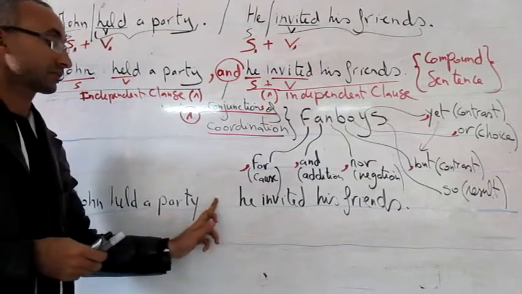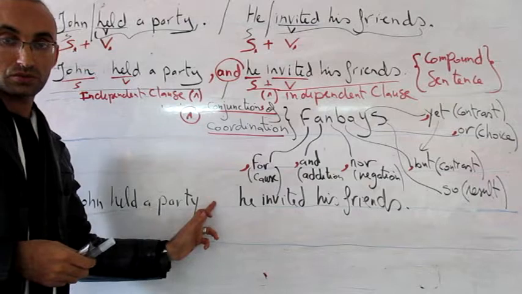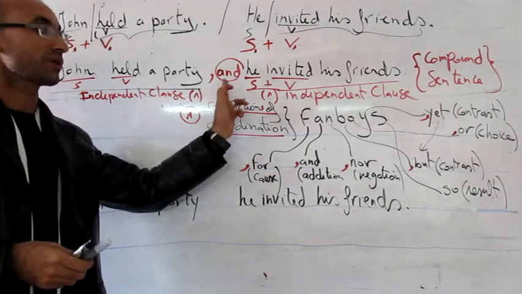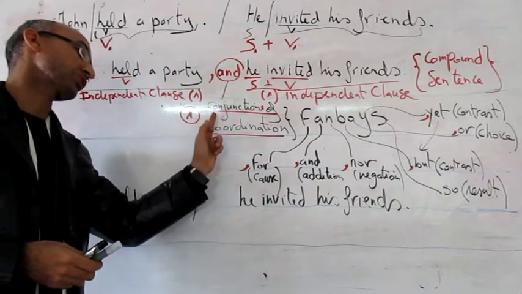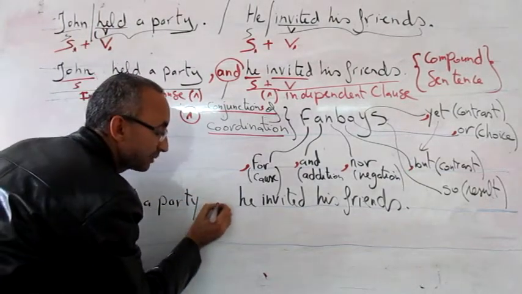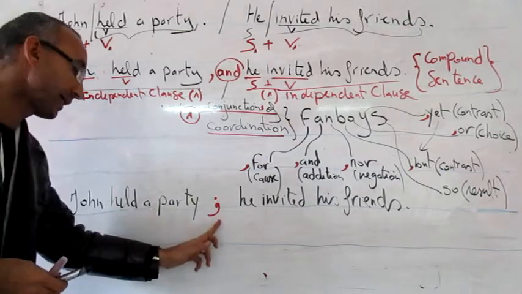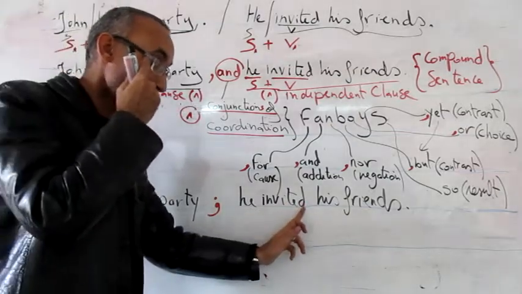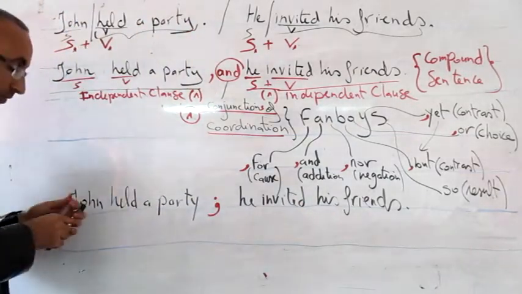Now here, my second joining element is going to replace the FANBOYS and the comma together. So instead of using a conjunction of coordination, I can use only a semicolon. And write, John had a party; he invited his friends. Here I have joined what?